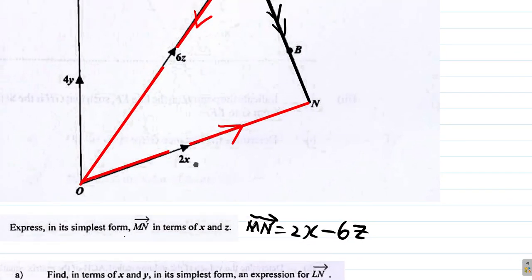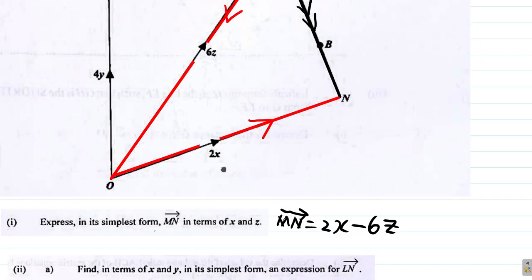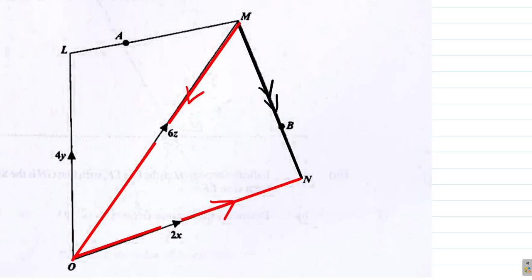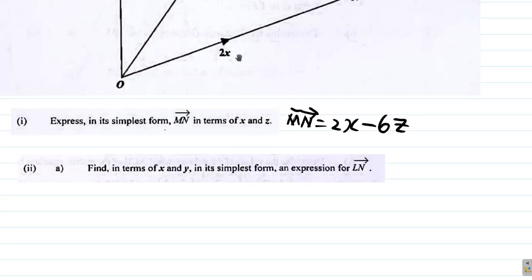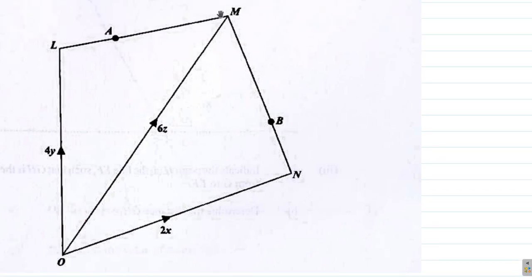Now let's just erase the markings on the diagram and use a fresh diagram. In terms of x and y, in its simplest form, the expression LN from L to N.